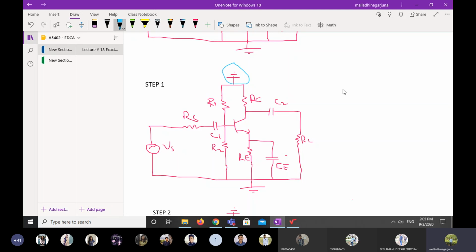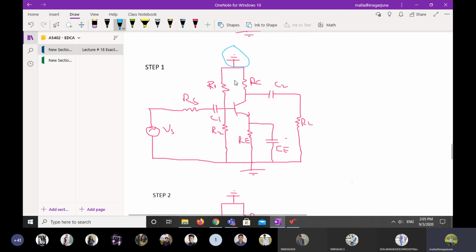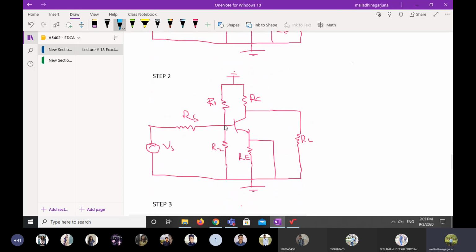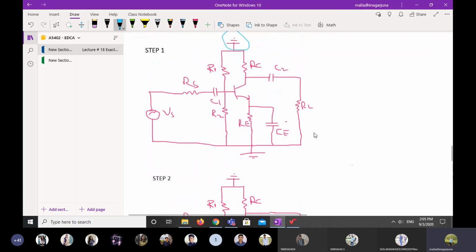First one is connect all the DC sources to the ground, so you just put the ground connection in the place of VCC. Step 2 is to replace all the capacitors with short circuit. You see, this is one short circuit replaced, here it is replaced, and the capacitor is also replaced like this.